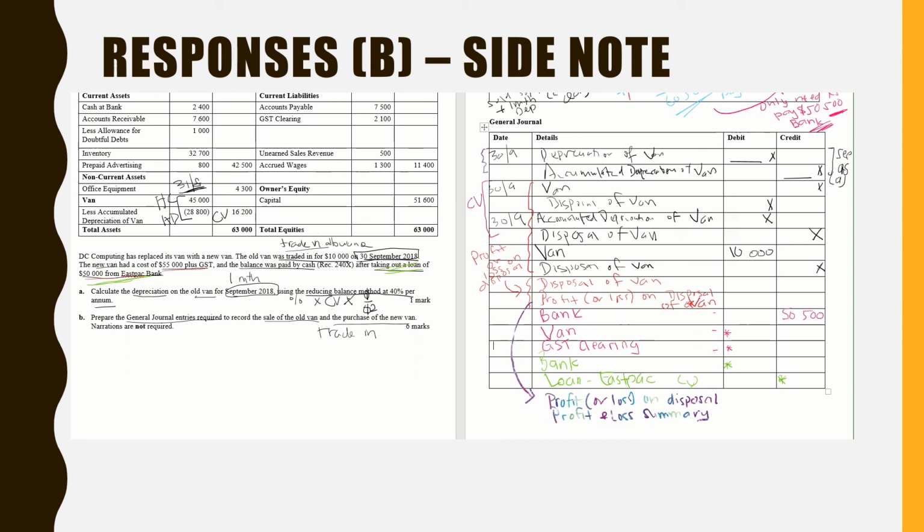But still, I think that it's quite important for us to close the entries. You would also notice here, for example, it did not specifically say that you have to close the profit or the loss to the profit and loss summary, but because I still see this as a very important aspect, to complete the whole cycle of recording the disposal, I think that it's still important for us to record it.